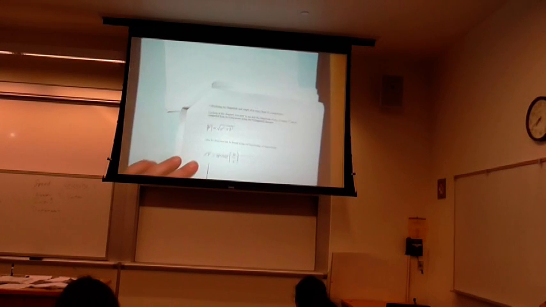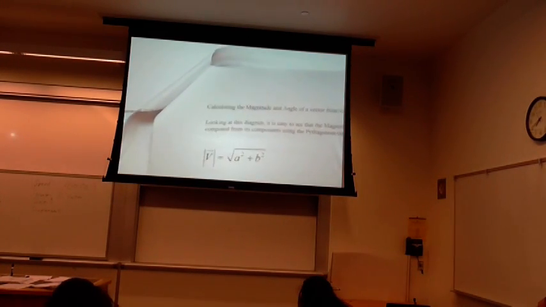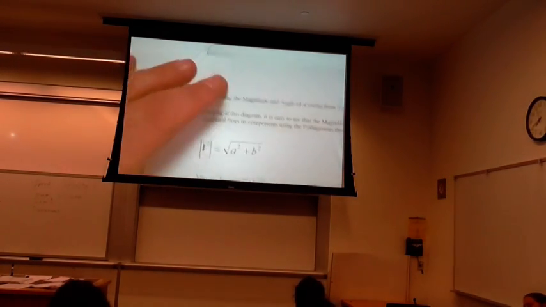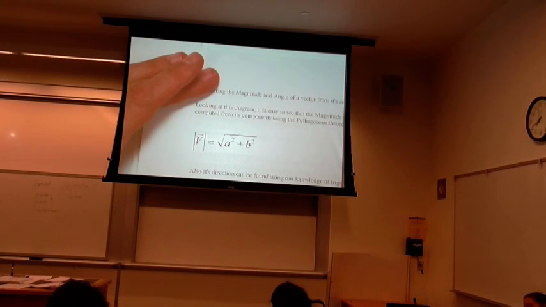Okay. The next issue is, given vector component form, how can we find the magnitude and how can we find the direction? And this should be pretty straightforward. You have a vector, which is A comma B, right?